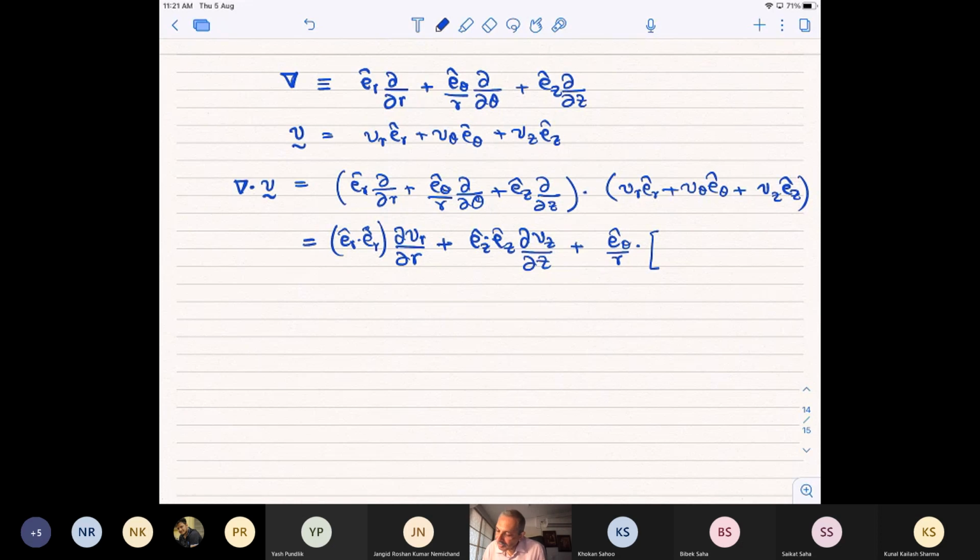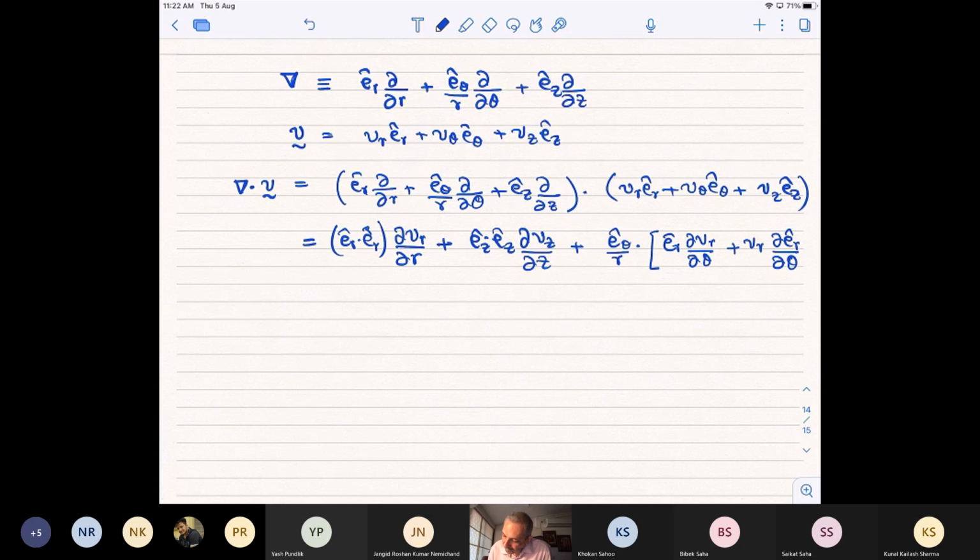So the first one will be ER del VR by del theta, that is taking the derivative of the scalar part, plus VR into del ER by del theta. Now for the first term I'm getting two terms. One is the derivative with respect to the scalar, and the other is the derivative with respect to the vector.